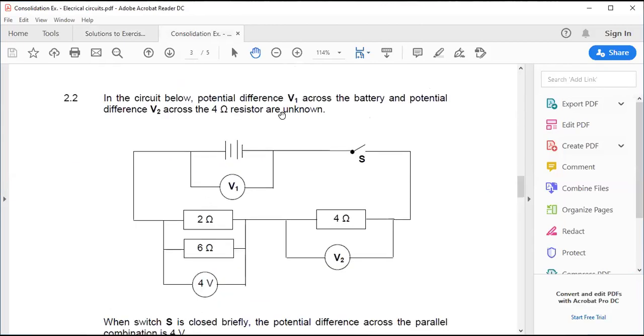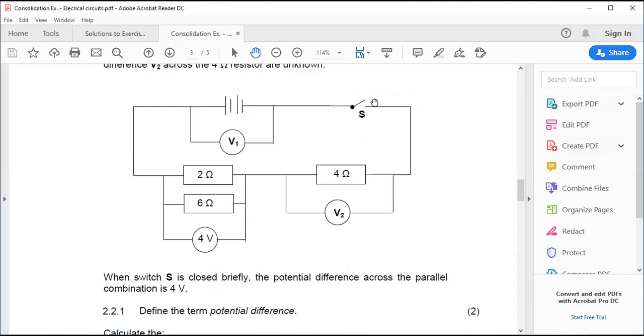In the circuit below, potential difference V1 across the battery and the potential difference V2 across the 4 ohm resistor are unknown. So you're given an open switch, you've got your V1 across the battery, you've got your 4 volts across the parallel. Please note this 4 is for the 6 and the 2. So the 6 ohm will get 4, the 2 will get 4.